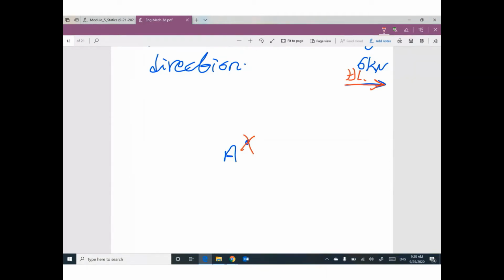Your distance must be vertical distance. What is the vertical distance between this force and this point? Your vertical distance should be 2 meters. Because your distance and your force must be perpendicular. Must be perpendicular.